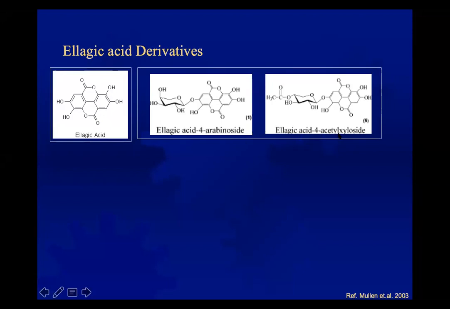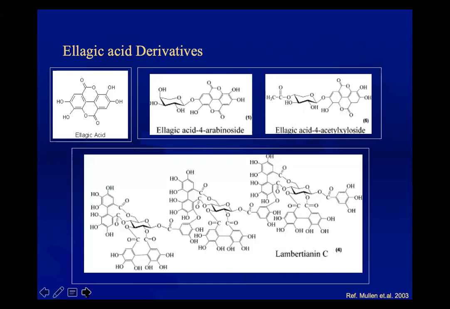Ellagic acid 4-acetyl xyloside. Here arabinoside, here xyloside, xylose, with an acetyl group and sugar connected to the ellagic acid. So these types of substitution are common in nature. Ellagic acid can also be polymerized and form different structures. Here it is shown, polymeric substances.